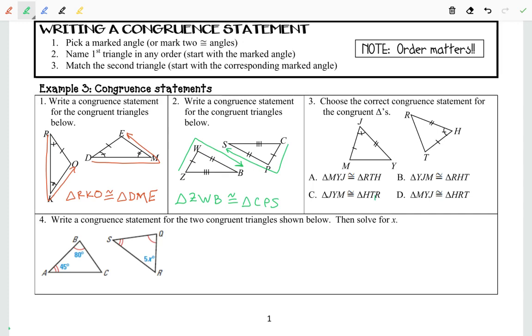For the next one, we have to figure out which order is correct. So with choice A, if we go MYJ, we went down the blank side, up the 2 tick mark side. So we'd have to go down the blank side, up the 2 tick mark side. That would be TRH, which is not what we have. So that's not correct.